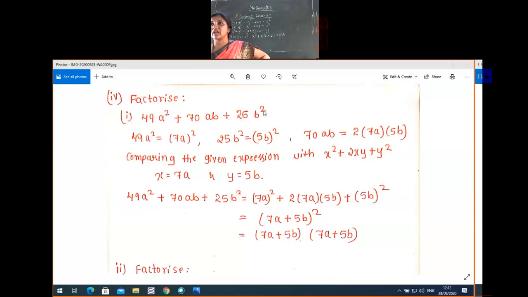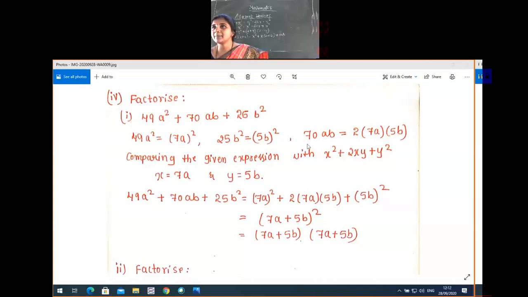Now 25b square, in the sense 5b whole square. Square root of 25 is 5. So 49 and 25 are perfect square numbers. Now in the middle we are having 70ab, right? 7a whole square into 5b. Are you observing this one?